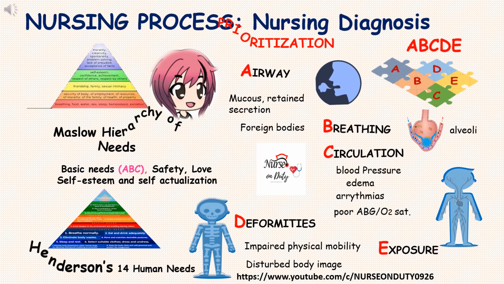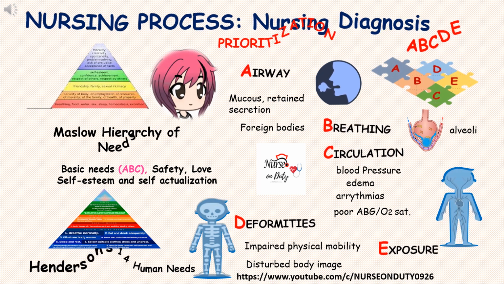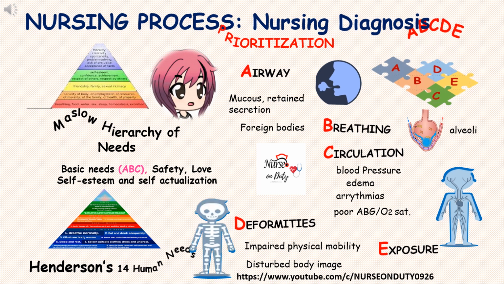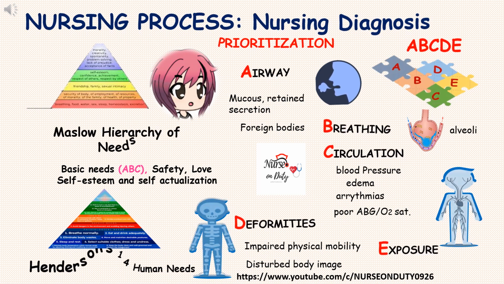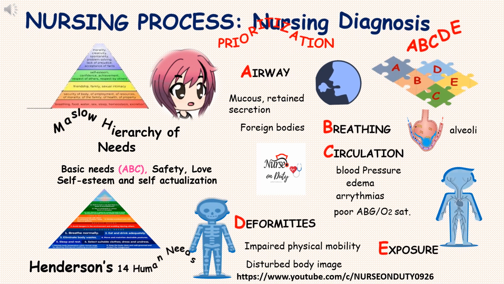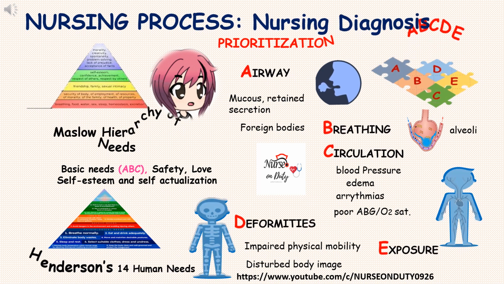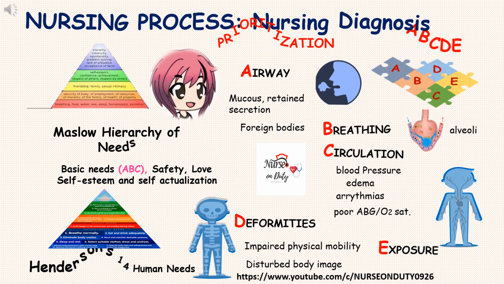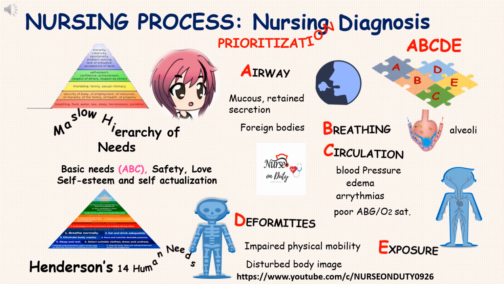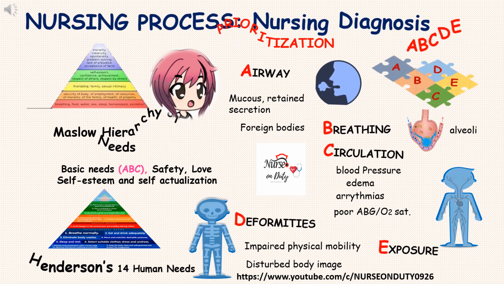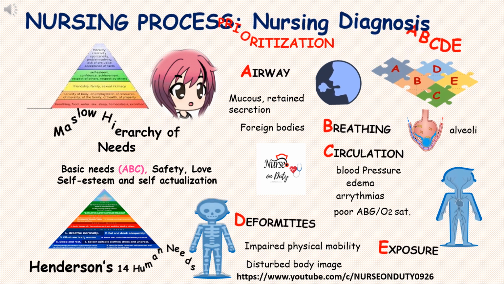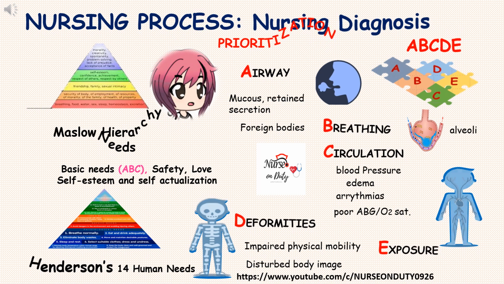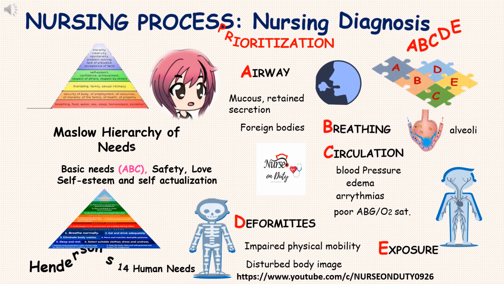Using the ABC, ang tinitingnan dito is more on identifying life-threatening problems and instituting the treatment to correct it. So this is how we are going to choose what your priorities are. So just a recap, we're going to use the Maslow hierarchy of needs, Henderson's 14 human needs, and the ABCDE, focusing on the life-threatening problems and needs of the patient.